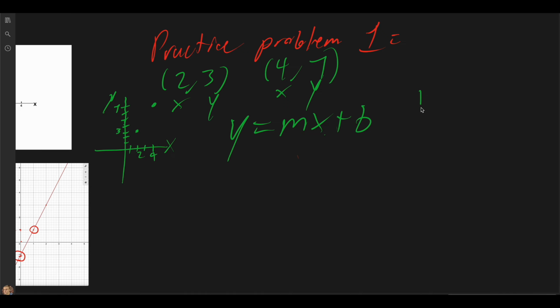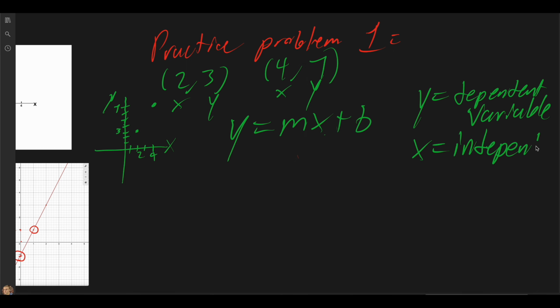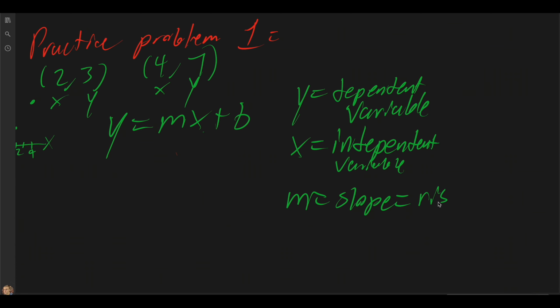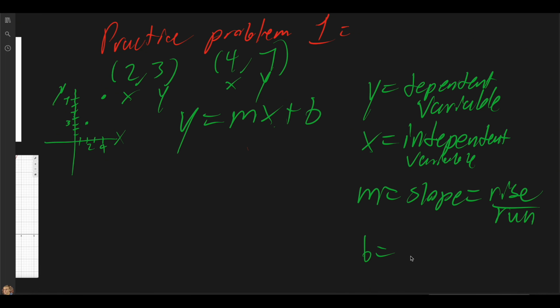In fact, I'll write this out here. y is the dependent variable, x is the independent variable, m is the slope, which is equal to rise over run, and b is the y-intercept.